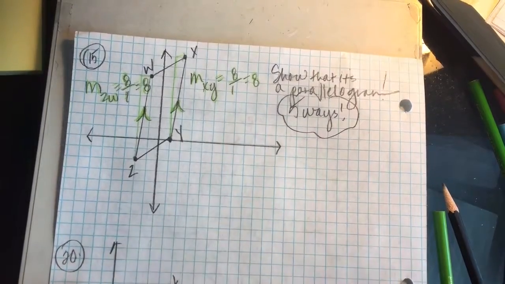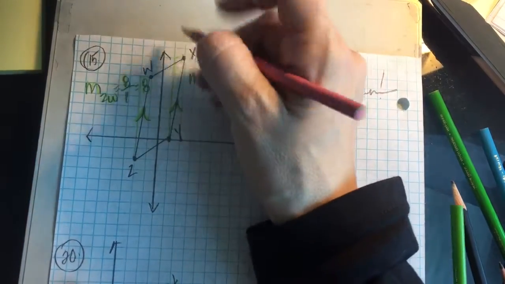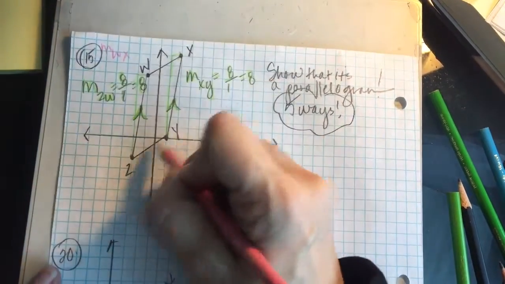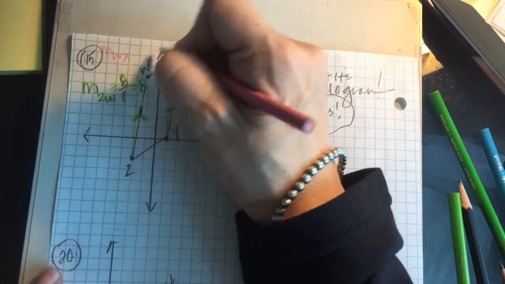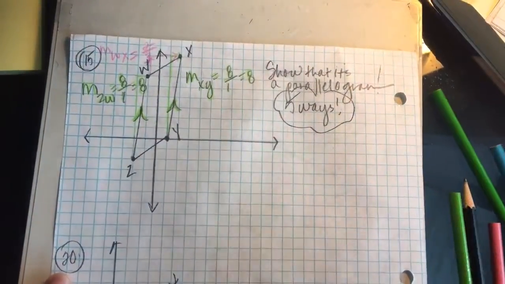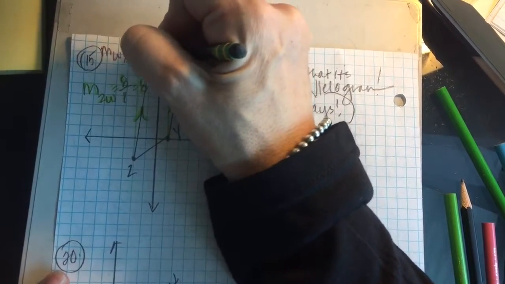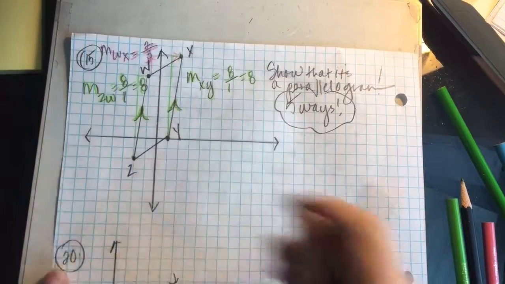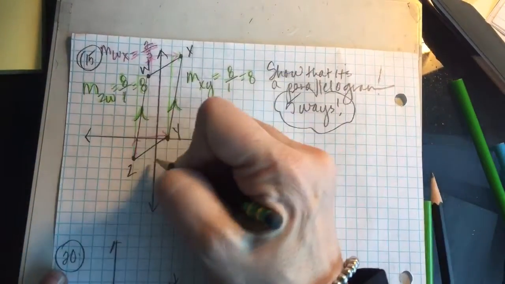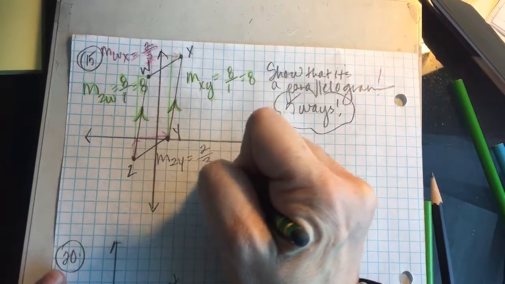If I'm going to do slopes and mark parallel on that, I've got to do slopes and see if I can mark parallel on WX. The slope of WX, I want to compare it to ZY. Up 2 to the right 3. 2/3 is the slope of WX. And come down here for ZY, from Z to Y, up 2, right 3. Slope of Z to Y, up 2, right 3.